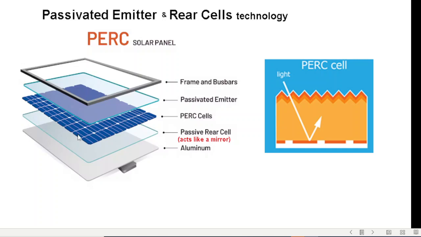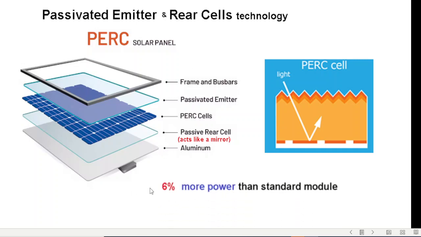When reflected back, it touches the solar cell again and produces some more electricity. So it passes through the solar cell one time, goes down, reflects, and touches the solar cell a second time, producing more energy. So this is called the PERC cell.